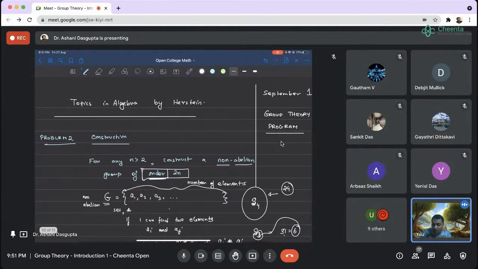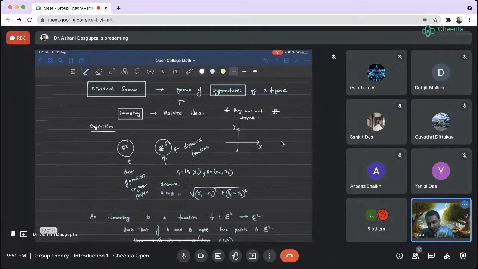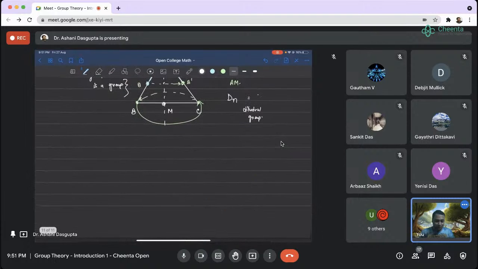We wanted to construct, for any n greater than 2, a non-abelian group of order 2n. Okay, anyone has an idea about how to do this problem? A generic construction is warranted here. So here is a generic construction.